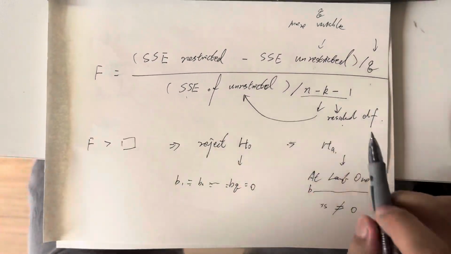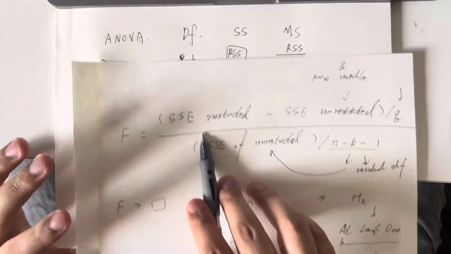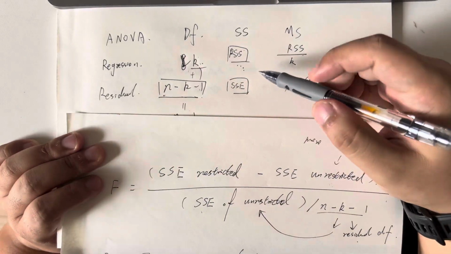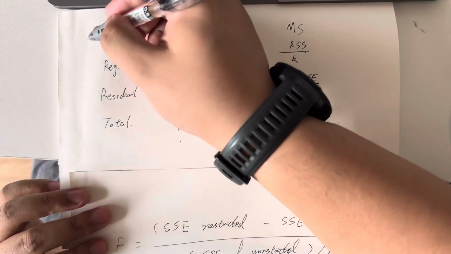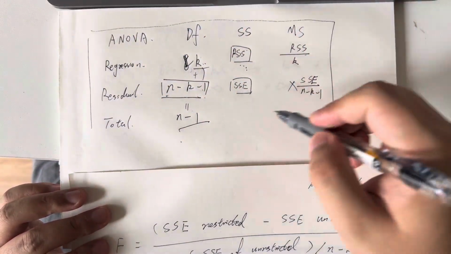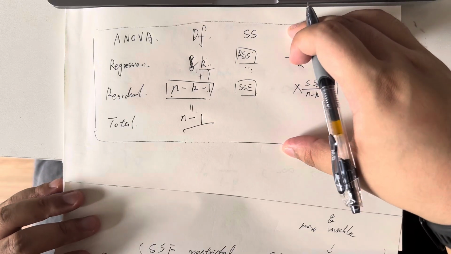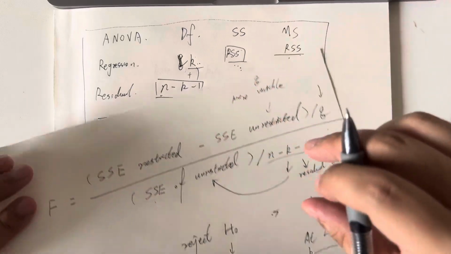So for example, you have the unrestricted model, and let's just quickly practice. The ANOVA table is just for one model, so you may get one ANOVA table for the restricted model and one for the unrestricted model.